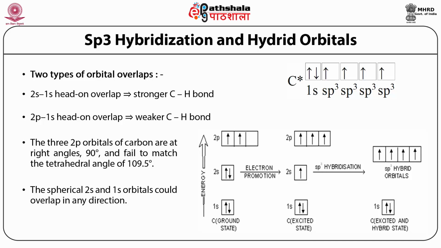When 4 sp3 orbitals are formed around the carbon atom, they arrange themselves to avoid each other, resulting in a tetrahedral arrangement with an angle of 100.5 degrees. When the hydrogen atoms combine with the carbon atom to form a CH4 molecule, it also becomes tetrahedral with 109.5 degree bond angles.